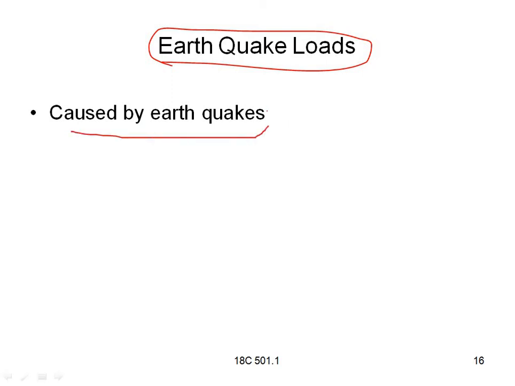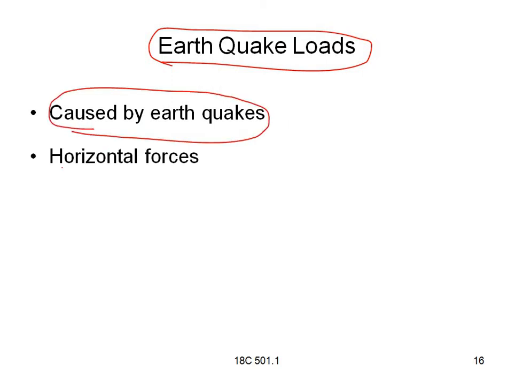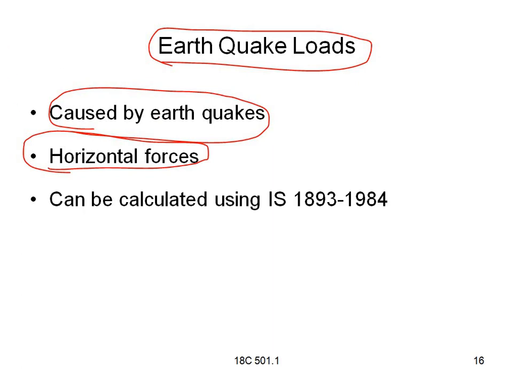They are caused by earthquakes, and they are called horizontal forces, because when the ground moves left or right, shakes, or vibrates, those forces are horizontal. Earthquake loads can be calculated using IS 1893, 1984. This is the Indian Standard code.